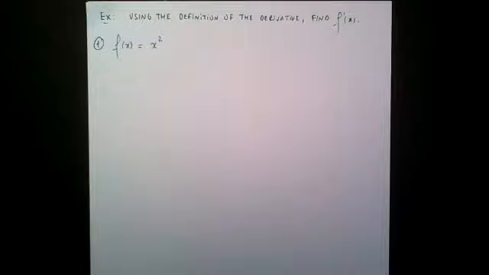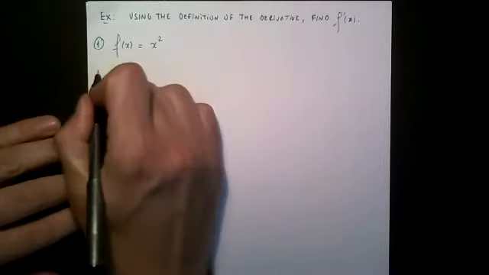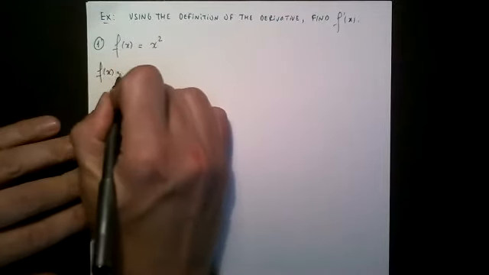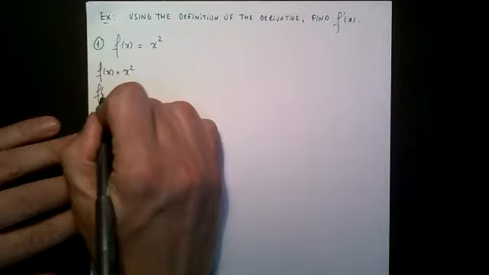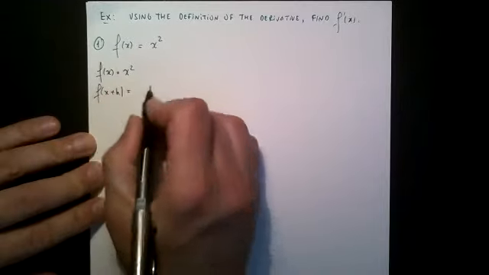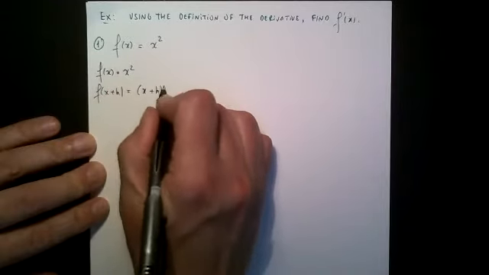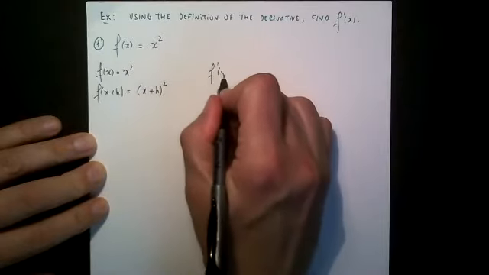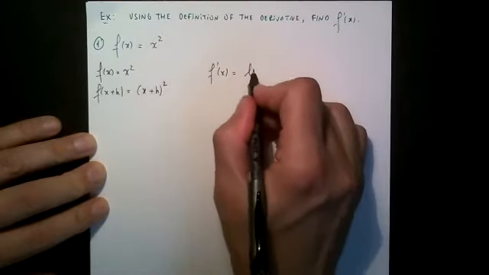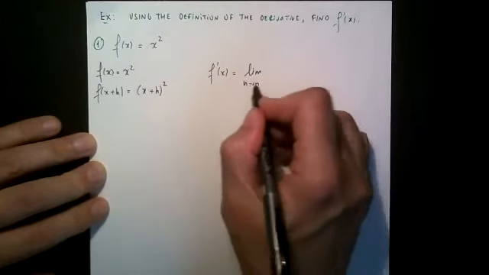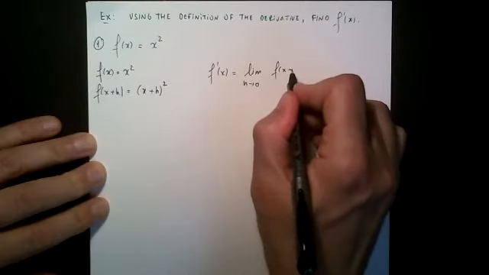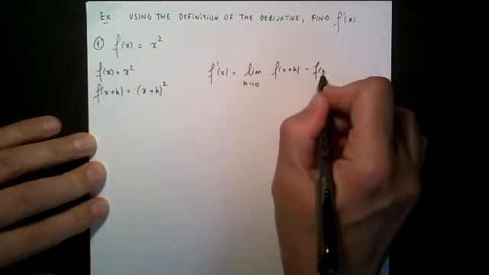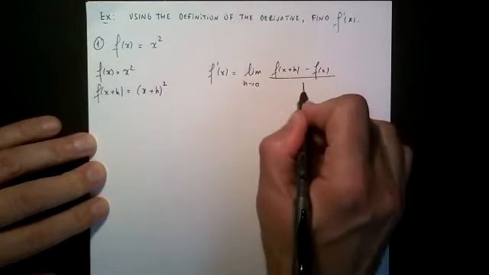Okay, so the first thing we do: f of x is x squared, f of x plus h is x plus h squared, and then f prime of x is the limit as h approaches 0 of f of x plus h minus f of x, over h.